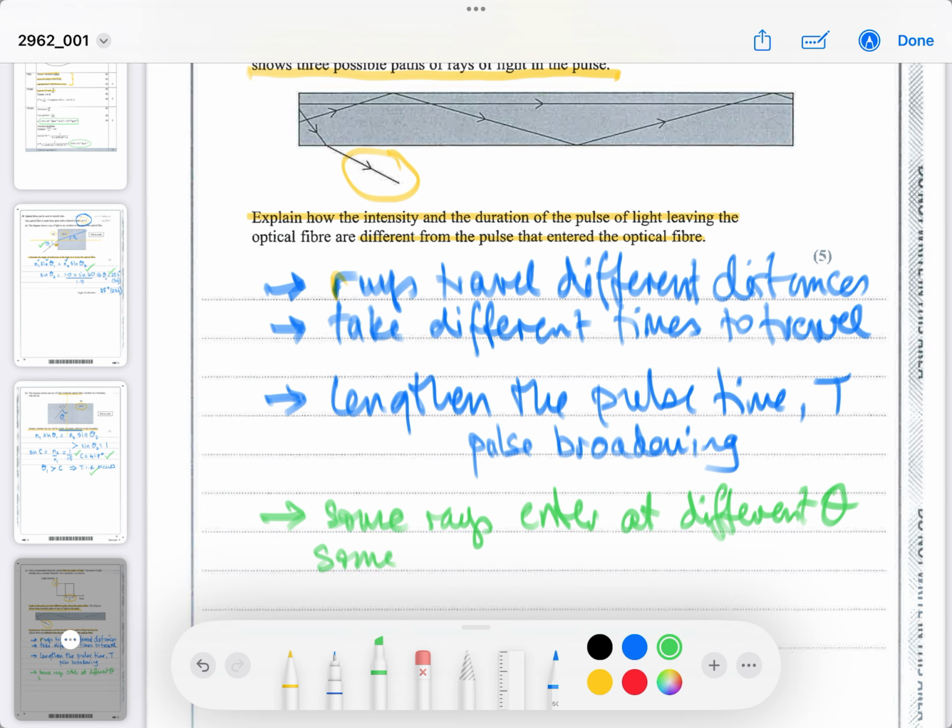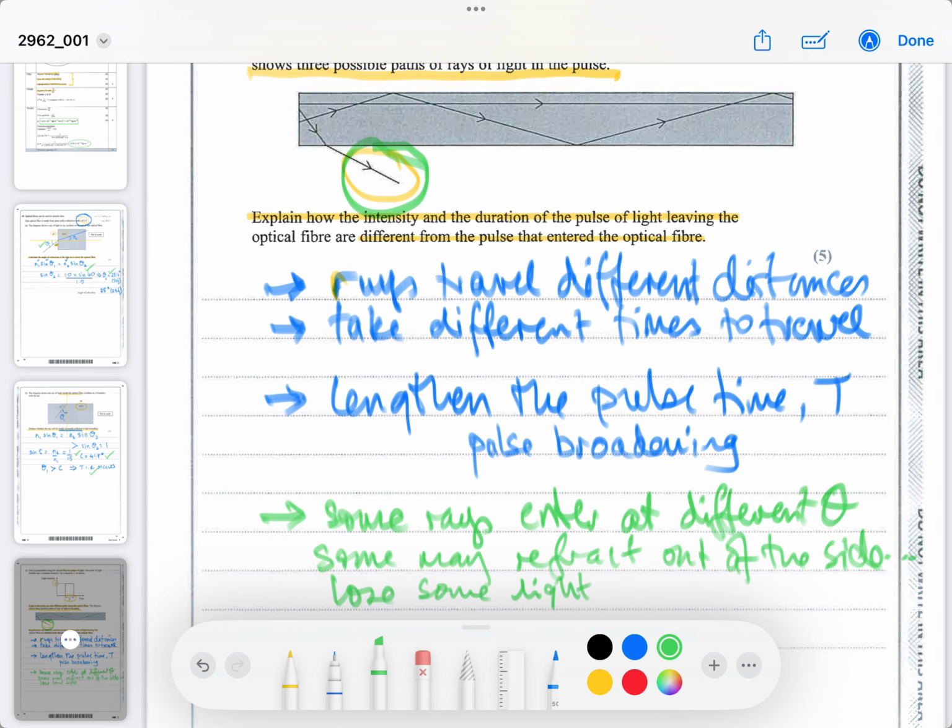Some may refract, as shown here, out of the side, so you will lose some light.